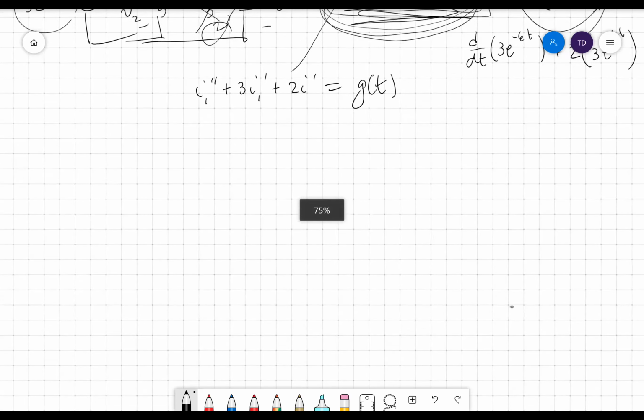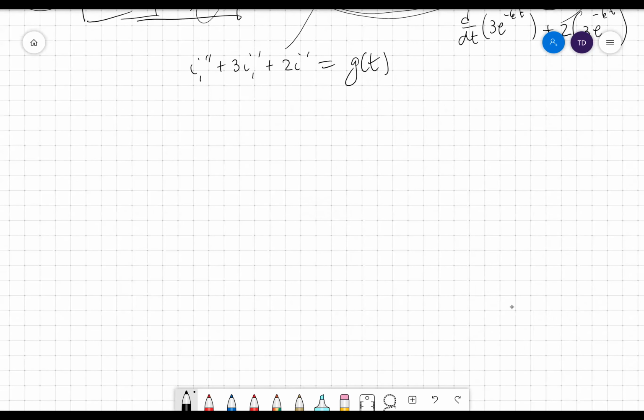Now, let's indicate some important information about the homogeneous response. So for the homogeneous response, what is true is X sub H will satisfy the following. It'll satisfy the homogeneous equation.